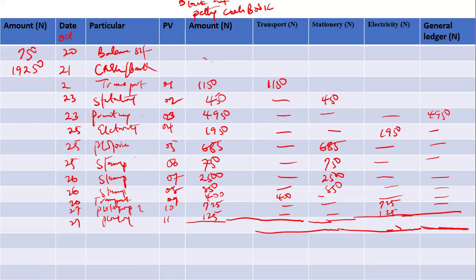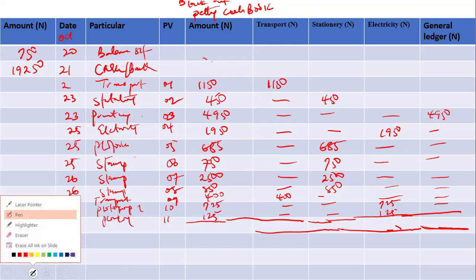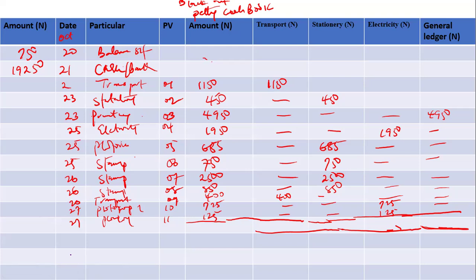Now, what we want to do now is to get the values for each of these transactions, for each of the events, and that will guide us in our record. Now, let's go on. We get the total for all the expenses. We can get for this one, this is 4950.